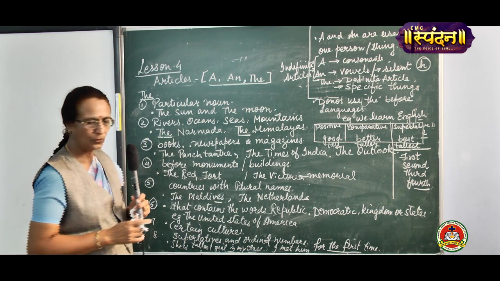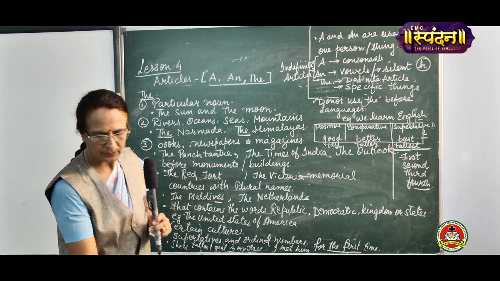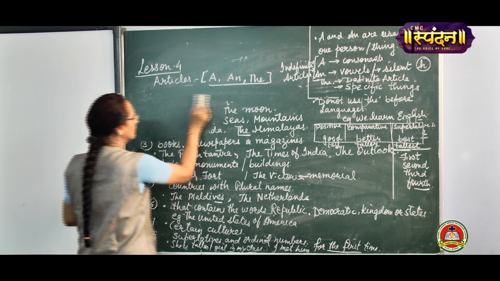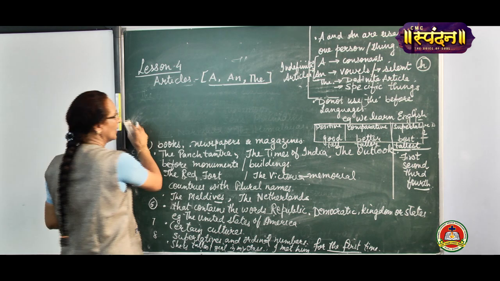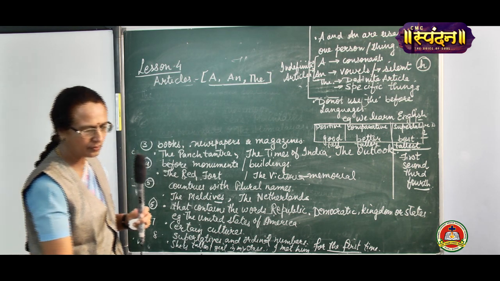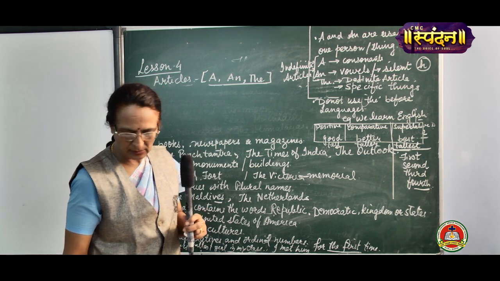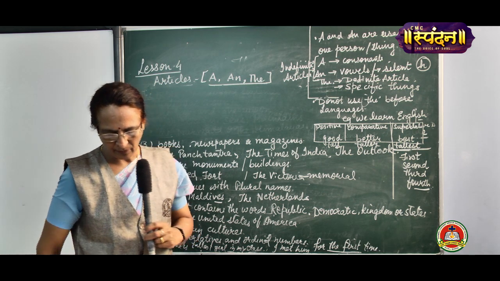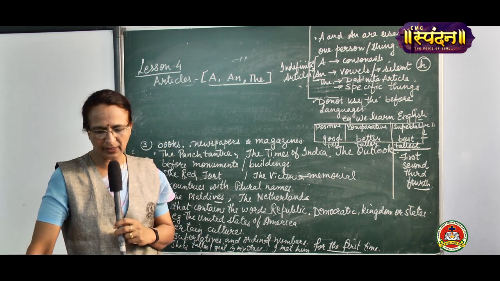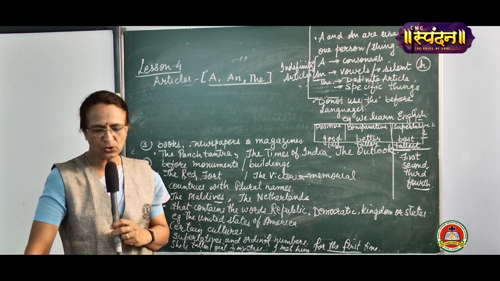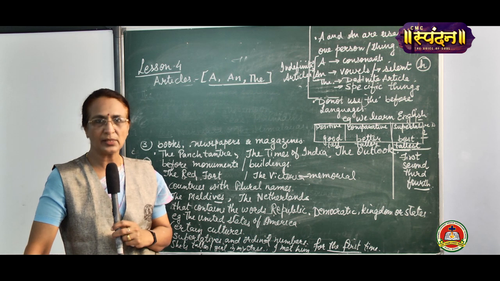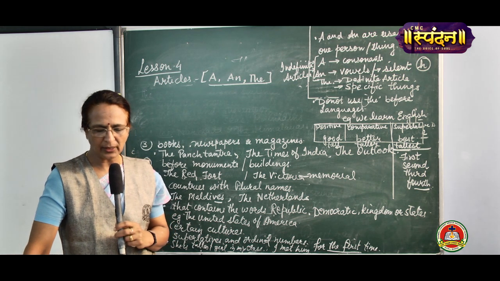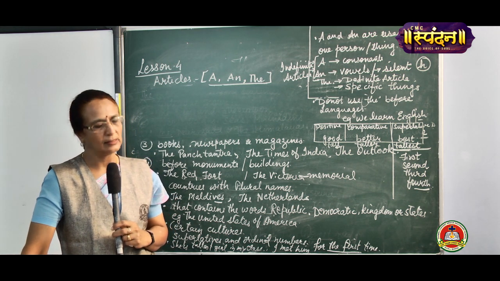Now, one last thing. A is used before a word that begins with U, if it sounds like Y-O-U, a university, but you say an umbrella. An is used before a word that begins with H because H is silent.